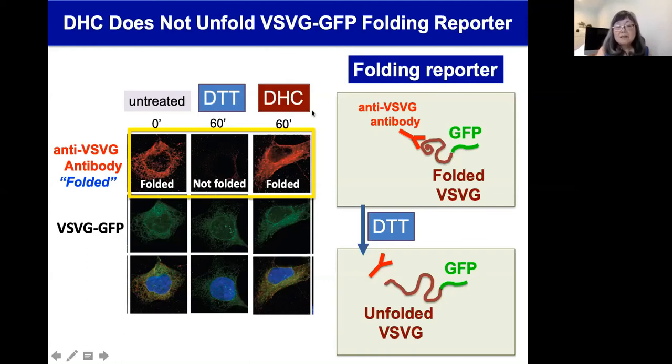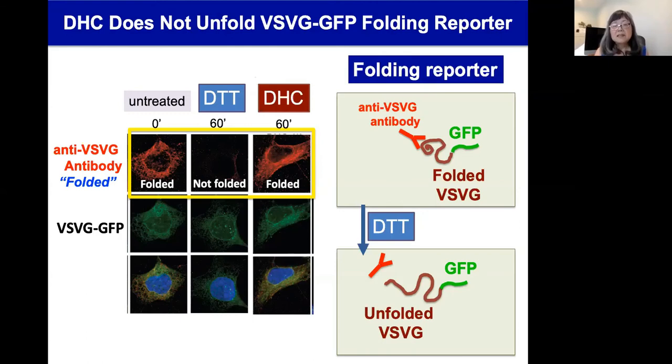When we add DHS or DHC, we found that the antibody that recognizes the folded form of VSVG still recognizes this fusion protein, meaning that it is mostly properly folded in the ER.